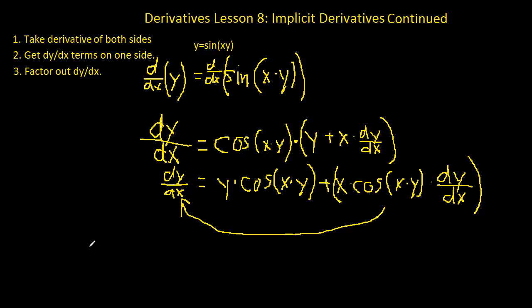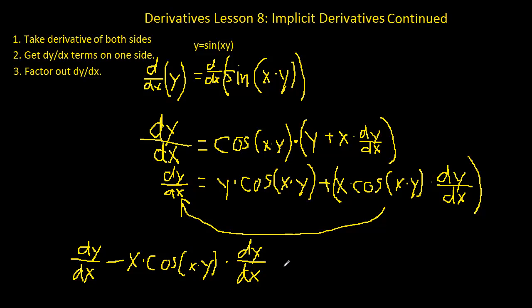So what we get is dy by dx minus x times cosine x times y times dy dx equals y times cosine x times y. And so now we go to step 3.